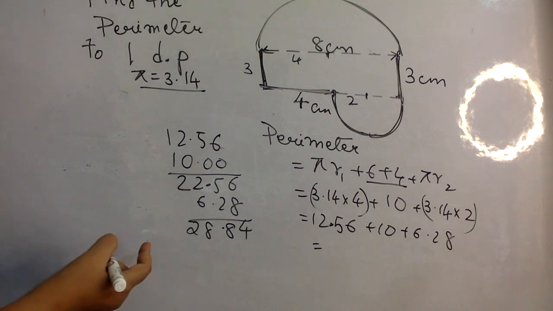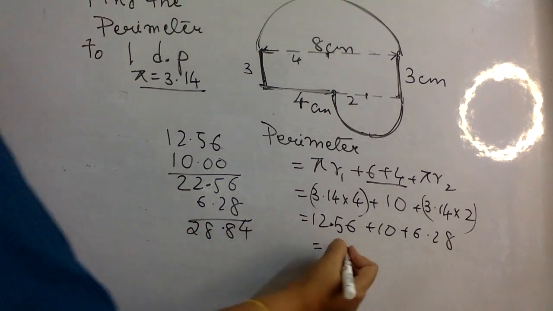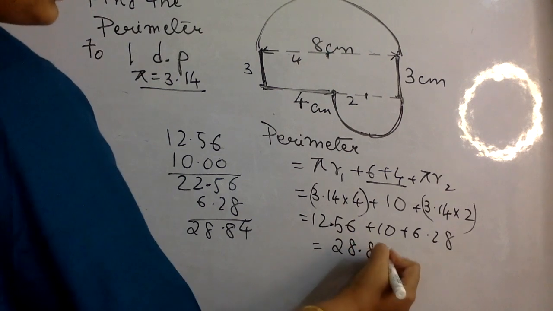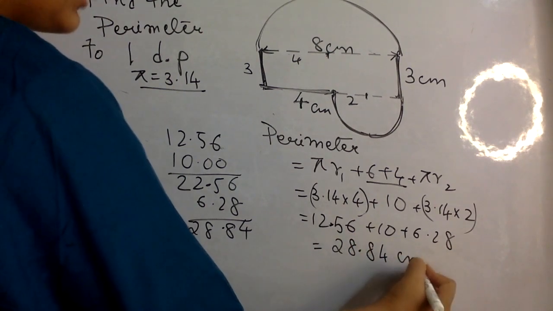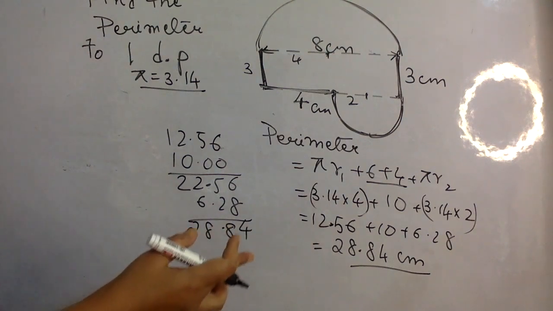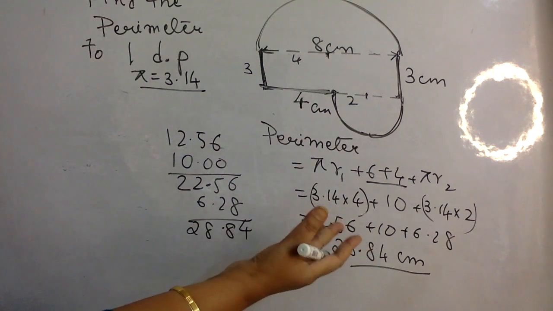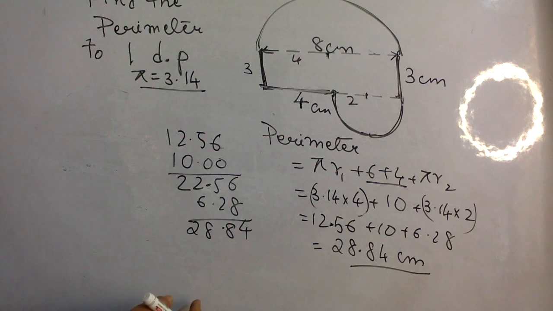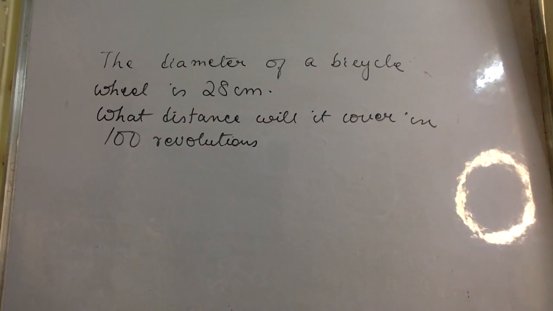So 28.84 centimeters, remember, it is a length. So 28.84 centimeters is my perimeter of the figure.